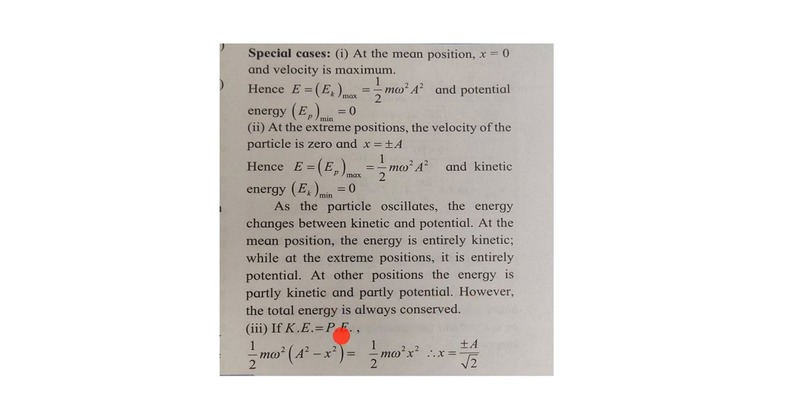However, the total energy is always conserved. If the kinetic energy equals to potential energy, then we will get here half m omega square in bracket a square minus x square equals to half m omega square x square. By solving this, we will get here x equals to plus minus a upon under root 2.